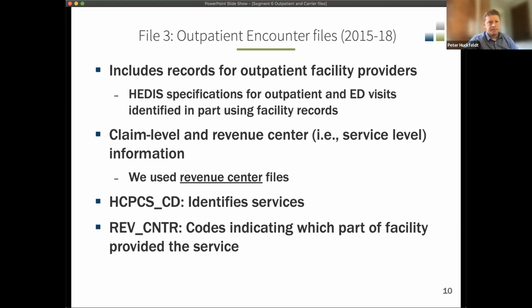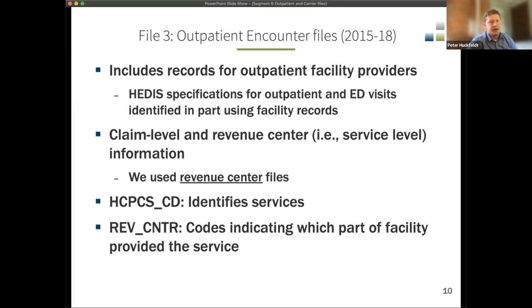We use these files because the HEDIS specifications for both outpatient and ED visits are also identified in part using facility records. And just to review, the outpatient files include both claim level and revenue center information.